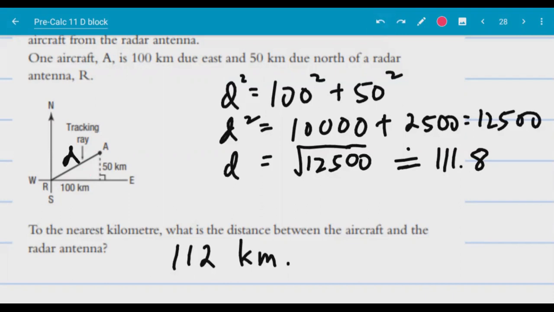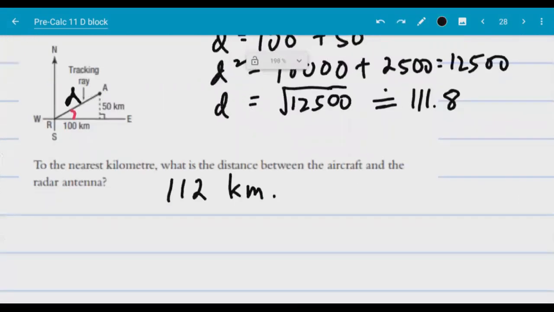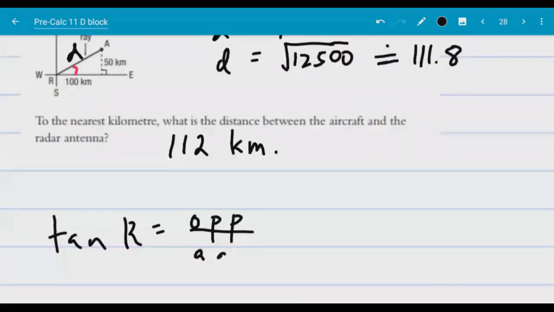Okay. So to do that, if we call this angle R, this one here, all right, why is it angle R? Because R is over here. Okay, so we're looking for that angle that is shown by the red curve. All right, now tangent R in this case will be opposite over adjacent, right?